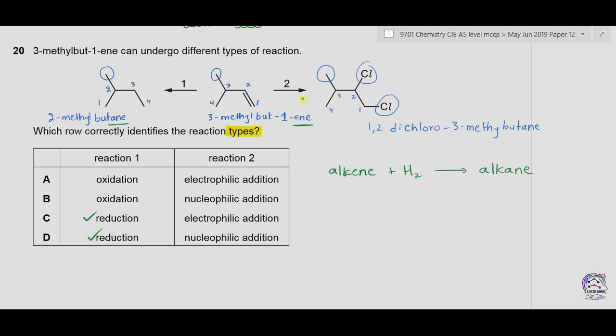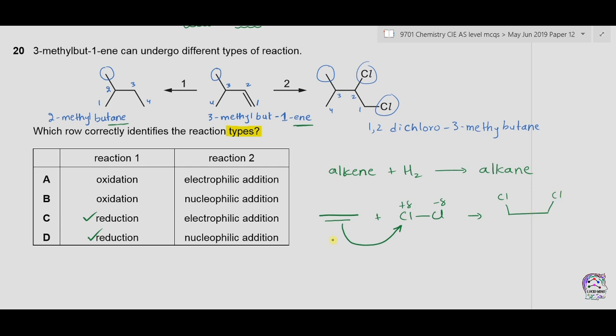In reaction 2 we can see that 2 chlorine atoms are added on the double bond. So if this is the double bond, then what happens is that partial charges are developed on the chlorine molecule, and then the electrons of the double bond attack the positive center of the chlorine molecule and it gets converted into a dichloro compound.